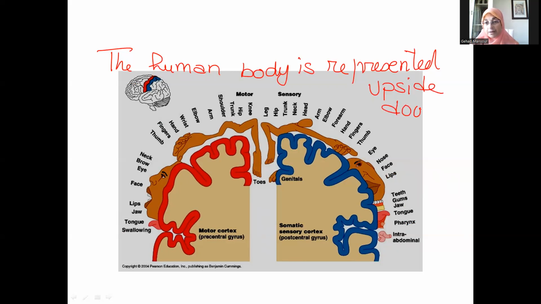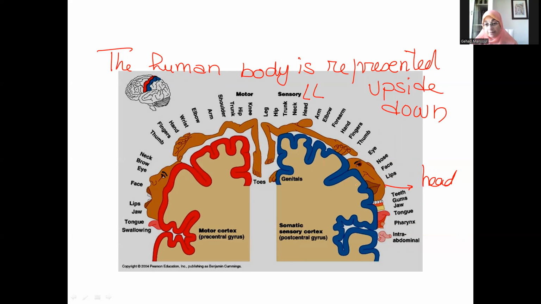Upside down. يعني ايه upside down؟ يعني احنا المفروض our head is superior و our lower limbs are inferior. هنا احنا عندنا the head is inferior and the lower limbs are superior، سواء بالنسبة للسنسوري area أو بالنسبة للموتور area.